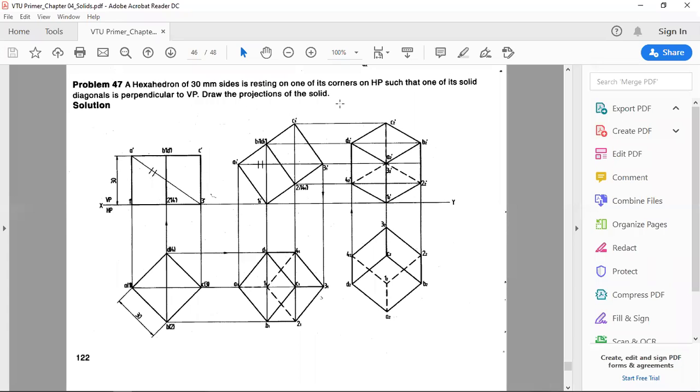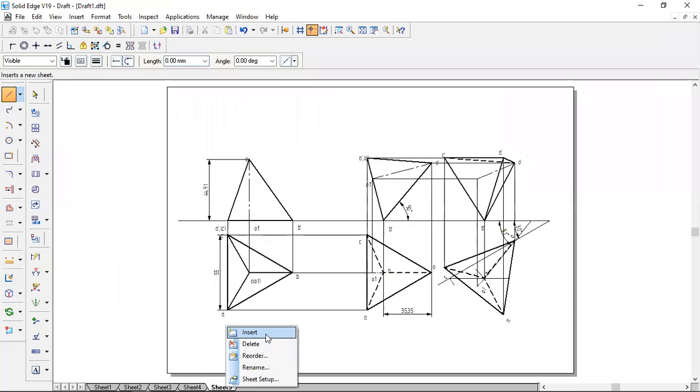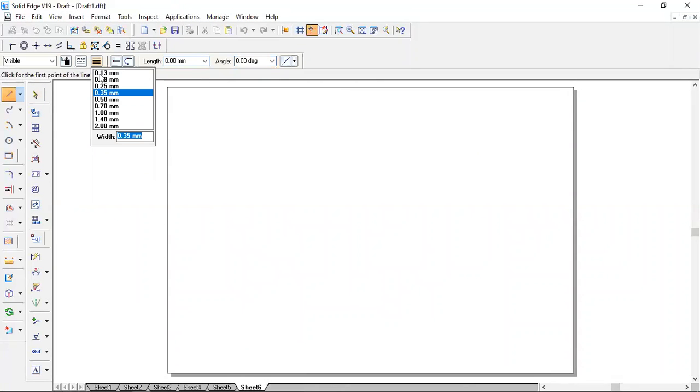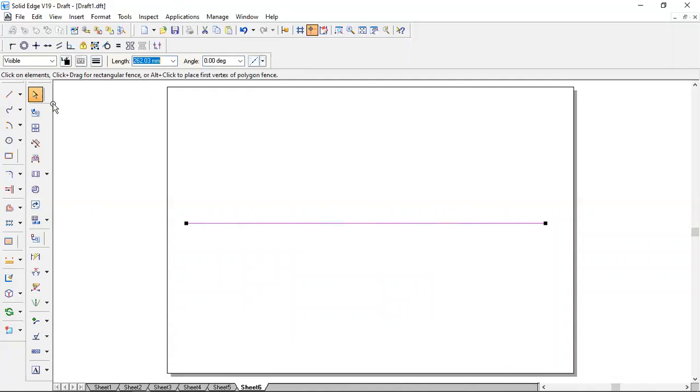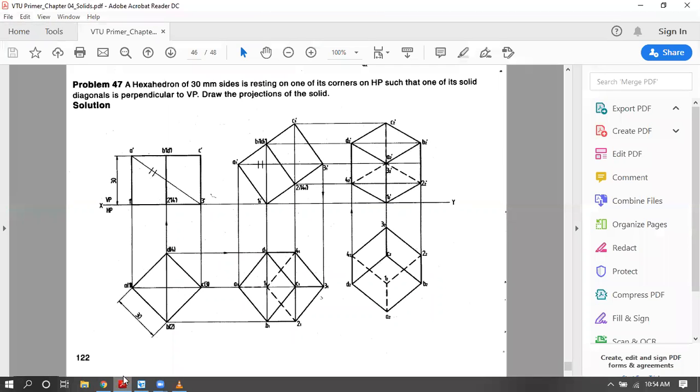First we need to draw the square in such a way that the corner comes on the right side. Start with this initial position of the solid. Draw the XY line, and then go to the rectangle command. In the rectangle command, width and height can be given, since the cube size is given as 30.